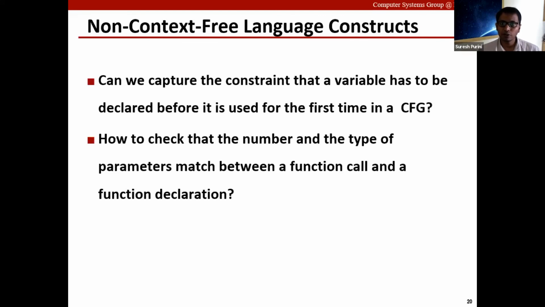Is it possible to do it using context-free grammar? So I want you to think about these two questions. And if it is not possible to handle these using context-free grammars, then where and how can we address these two problems?